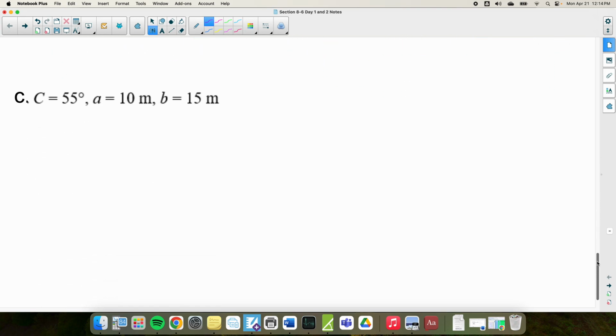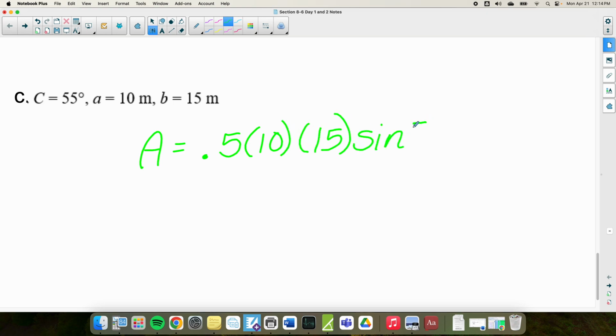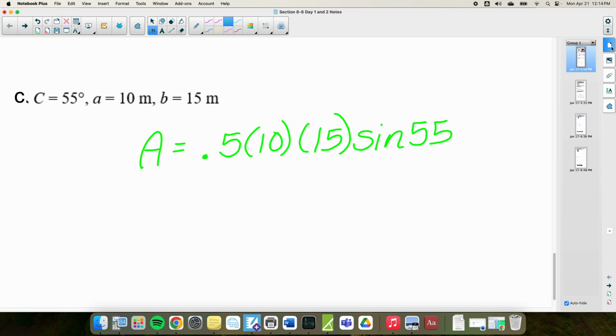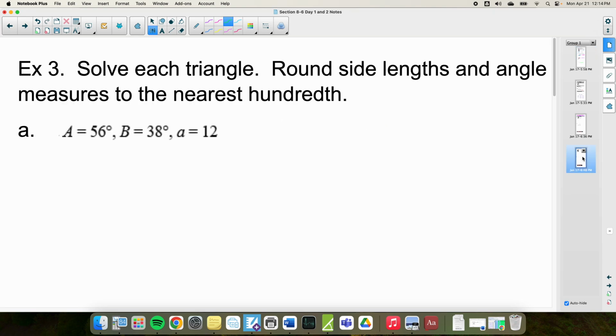If they just gave you three things, that means you would just go 1/2 times the two sides multiplied times sine of that angle. So this would be area equals 0.5 times 10 times 15 times sine of your angle, okay?